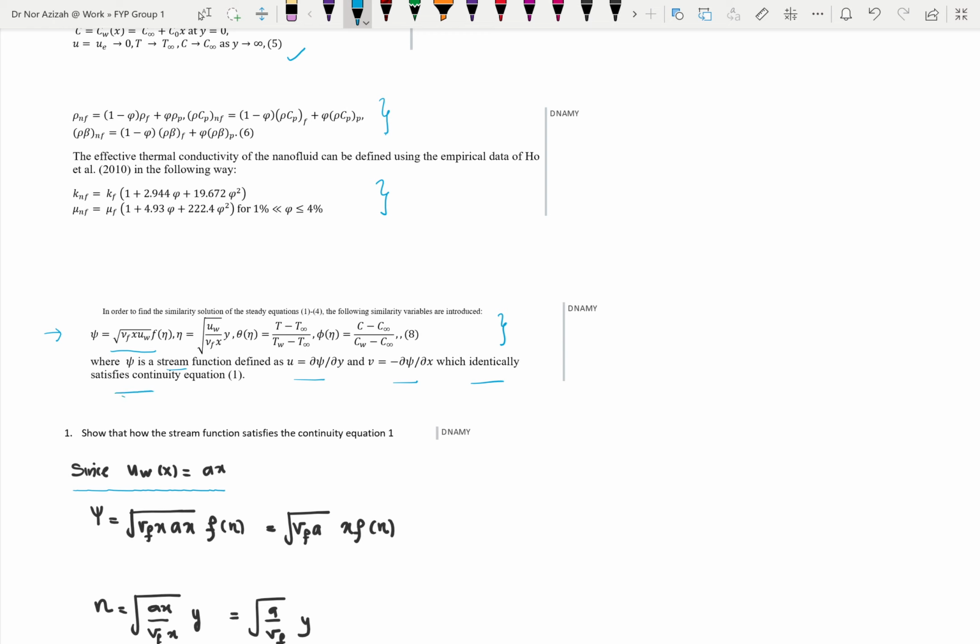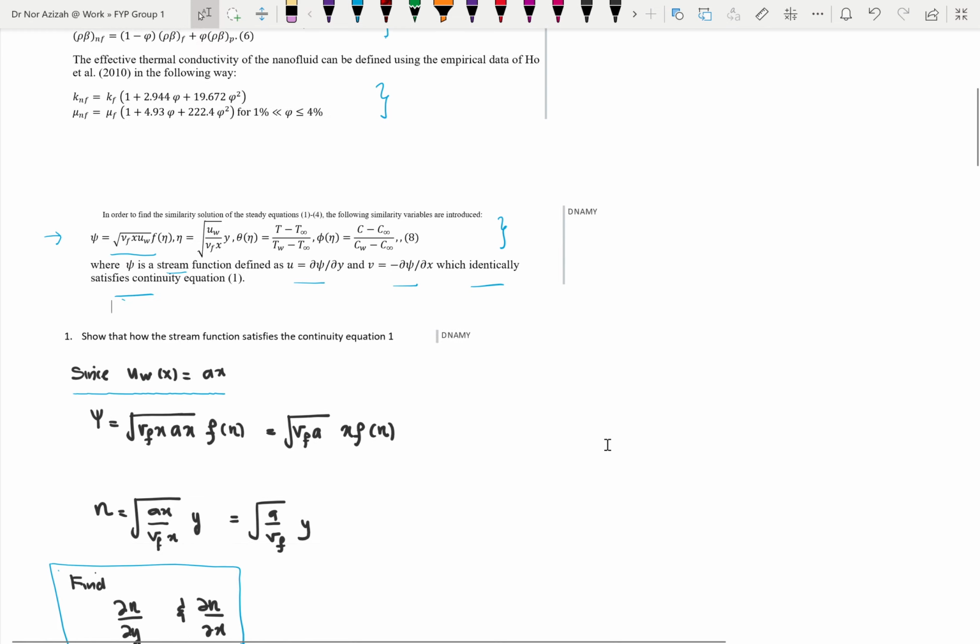Now I will show you how to reduce the continuity equation using the stream function. You should know that the stream function is u equals del psi del y and v equals negative del psi del x. When you substitute all this into the continuity equation, you will get 0.